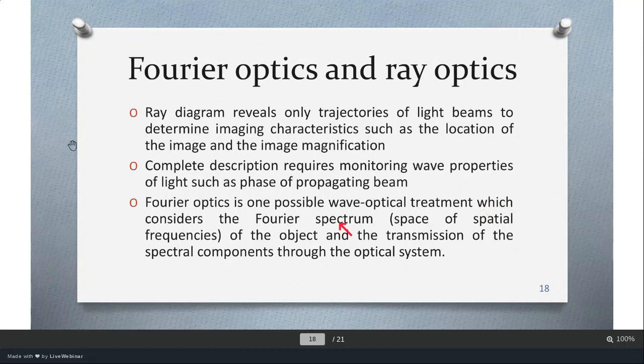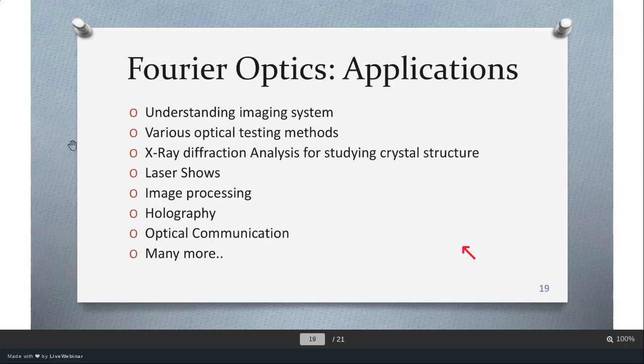Fourier optics is one possible wave treatment which considers the Fourier spectrum, the space of spatial frequencies of the object, and the transmission of the spectral components through the optical system. So this is the difference between Fourier optics and ray optics. We are stressing more on the phase of the light beam. So what are the applications of Fourier optics?